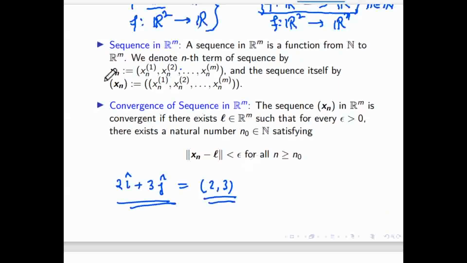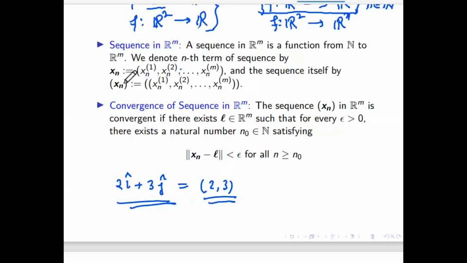Suppose xn is a sequence in Rm, which has m components x1, x2, up to xm, and we say the sequence is converging to some limit L. That means each component will converge. The actual definition uses the norm because this is a vector; if it were a number, we'd use mod.